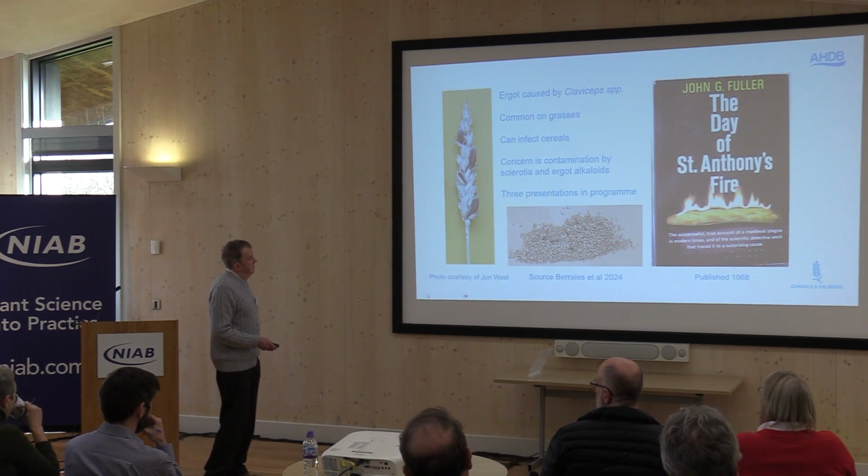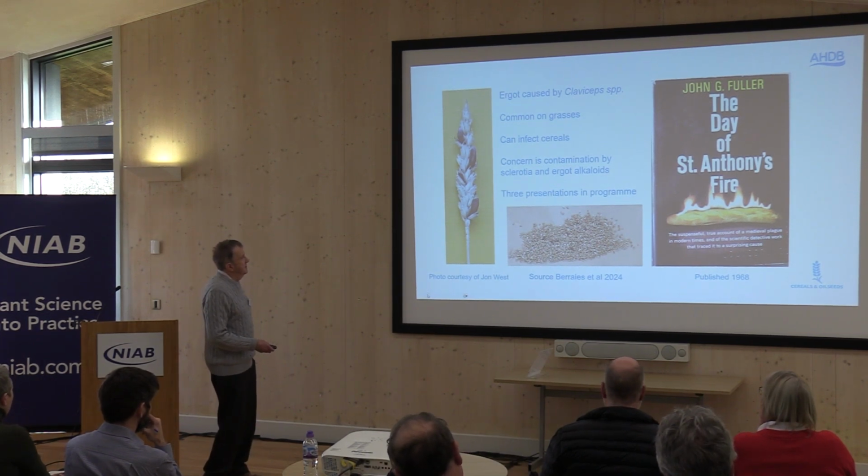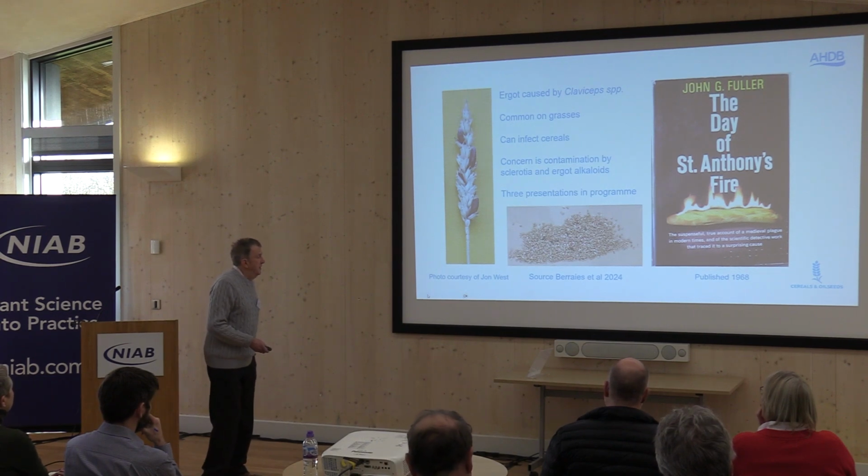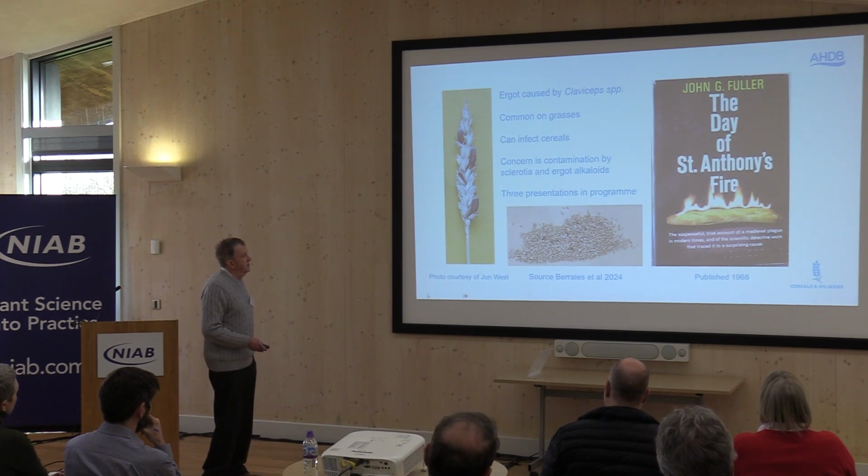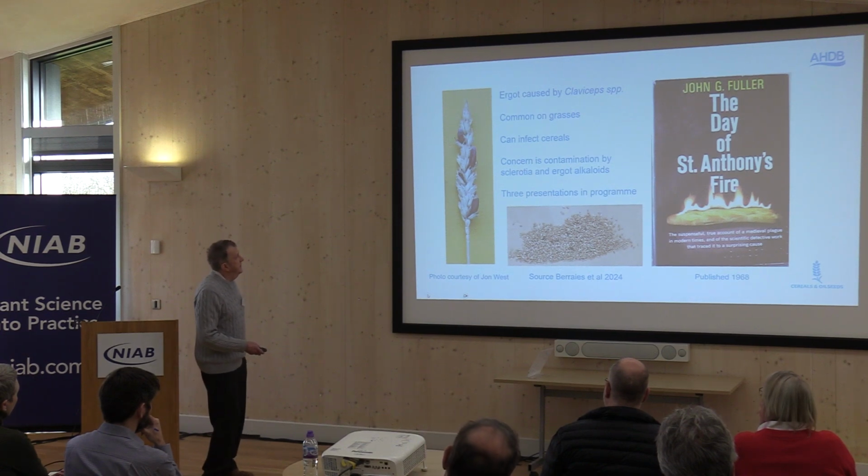In fact, mercury poisoning was considered as a possible cause, but eventually they traced it all back to ergot infected flour used in the local bakery.